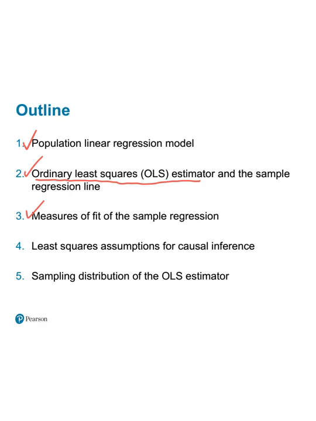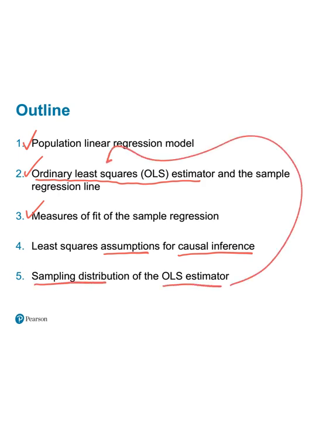So we'll talk about measures of fit, and then we'll talk about important assumptions we make for our sample estimator to be identified as causal. Okay, we'll talk about that soon enough. And then we'll also talk about the sampling distribution for this OLS, or ordinary least squares, estimator. Right, this fifth step will be particularly helpful for defining confidence intervals and hypothesis tests in coming chapters.